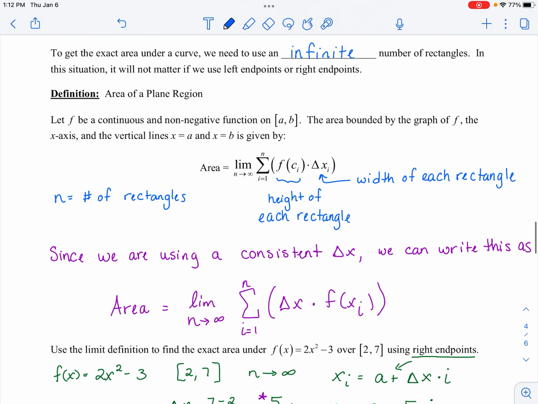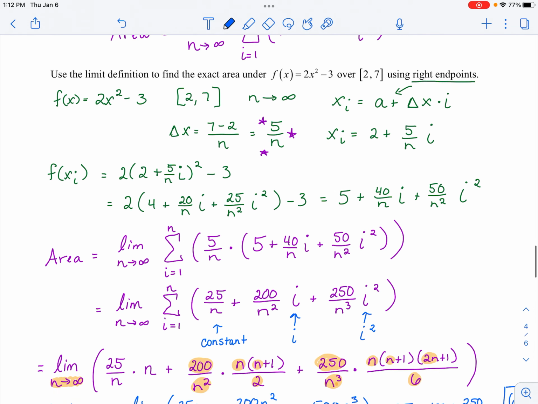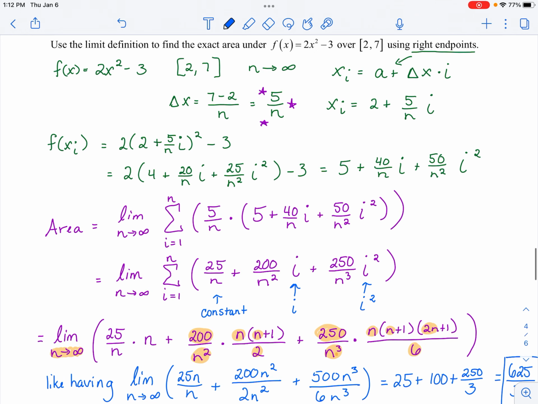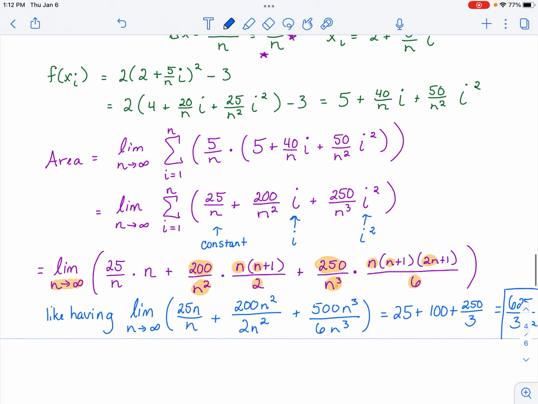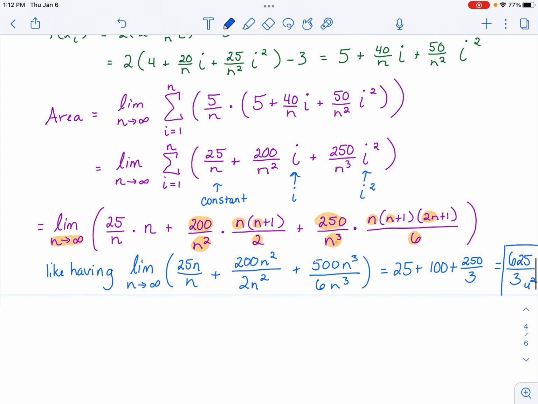So that's how you do an infinite summation to find the precise area under the curve over a particular interval using right endpoints. Again, the only way that it would change up would be if you wanted to use left endpoints, but because it's a precise area, it doesn't matter if we do the left or the right because we're getting an exact answer instead of an approximation. All right, if you have any questions, let me know. Good luck, guys.